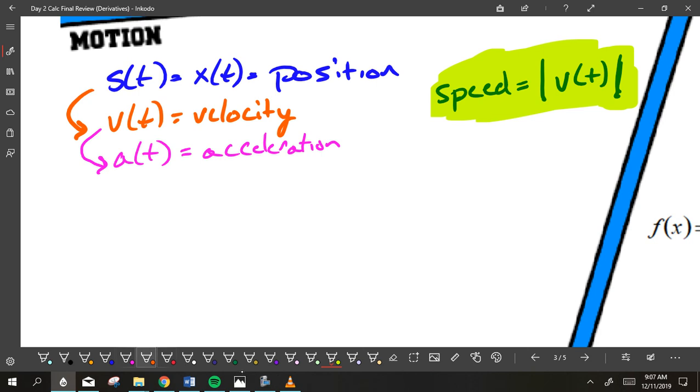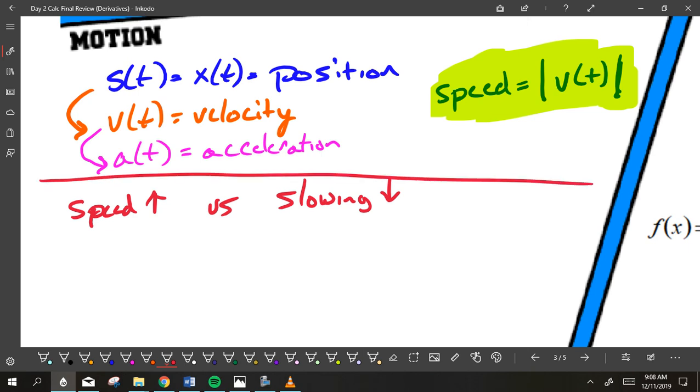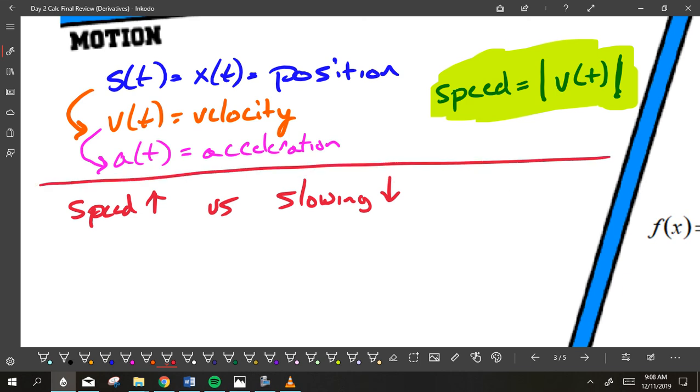Let's talk about speeding up versus slowing down. If something is speeding up, what's going to be true about V of t and A of t?